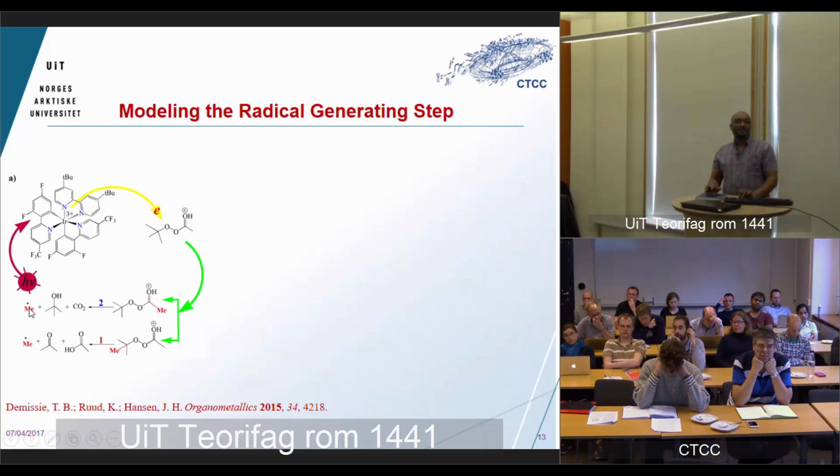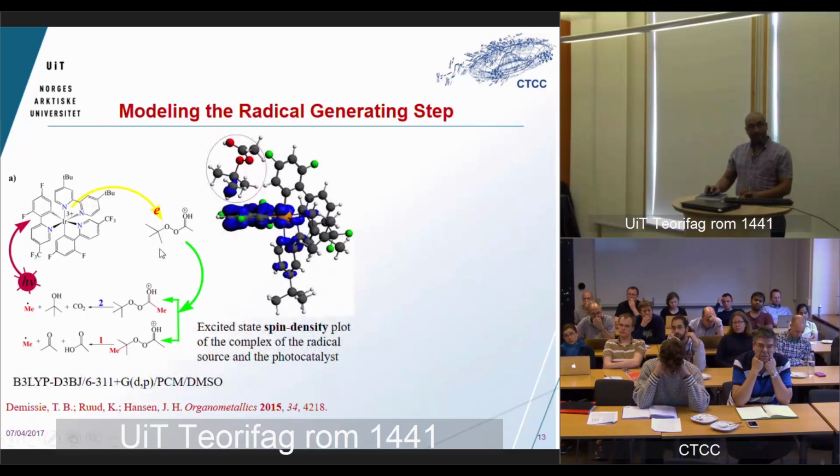After catalyzing this one, we visualized the spin density of this chemical reaction, and it looks like this. The iridium catalyst already started to transfer the electron to the radical source.